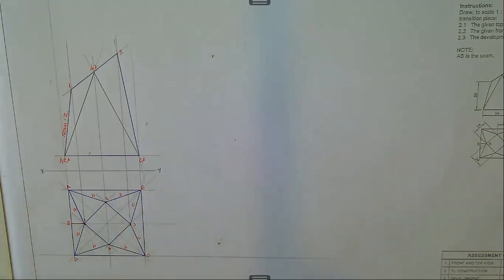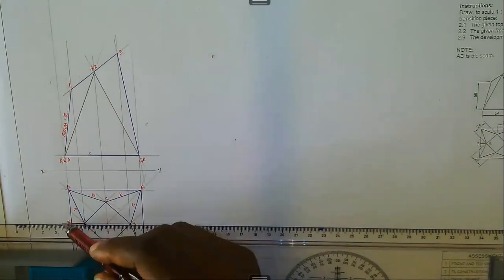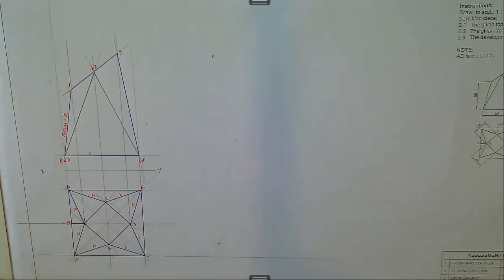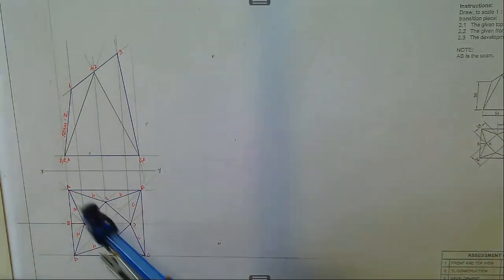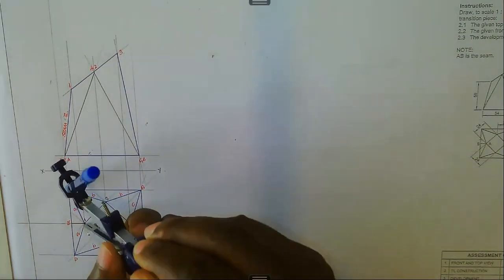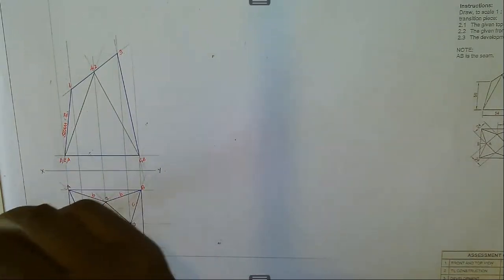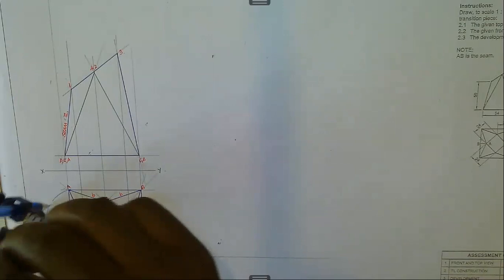Right, the next thing that I need to work on is to find the true length. Let me start with this one. This is 1 to A. I'm going to use the method of rabatting. Extend this. Describe an arc like that.